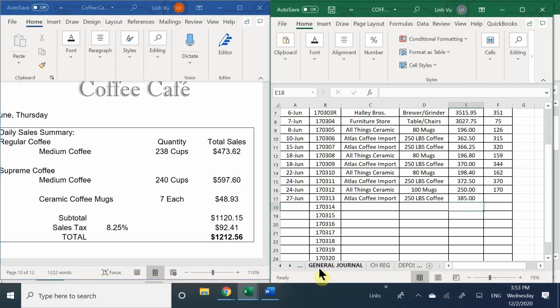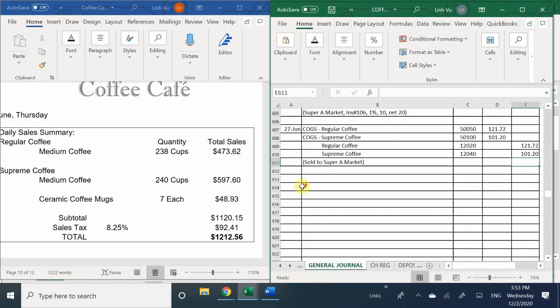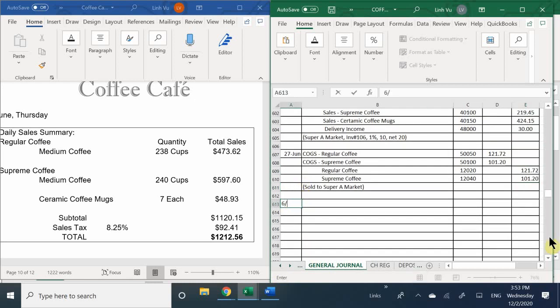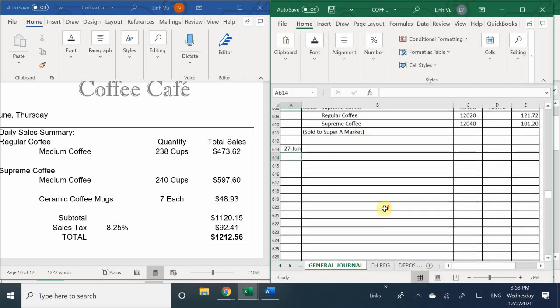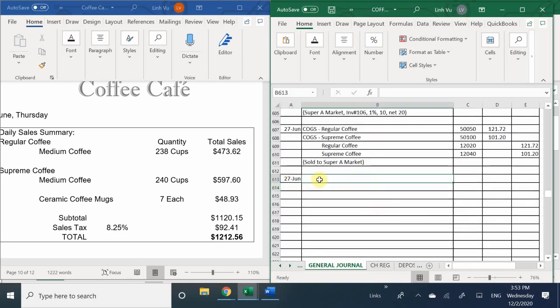All right, so we will do the Thursday, the 27th of June, daily sales summary. Medium regular coffee, 238 cups, $473.62. Medium supreme coffee, 240 cups, $597.60. Ceramic coffee mugs, 7 were sold for $48.93. Subtotal $1,120.15. Sales tax at 8.25% came to $92.41.